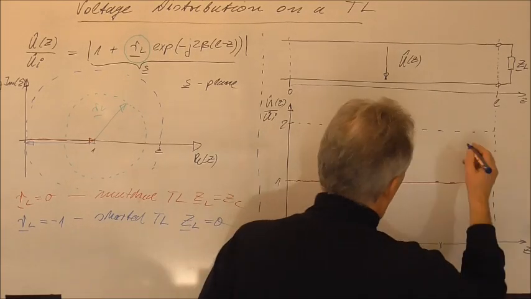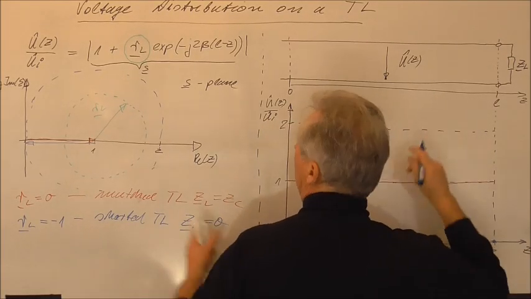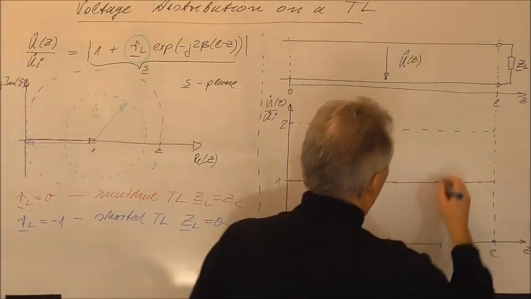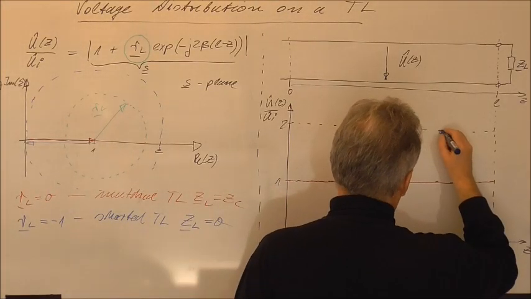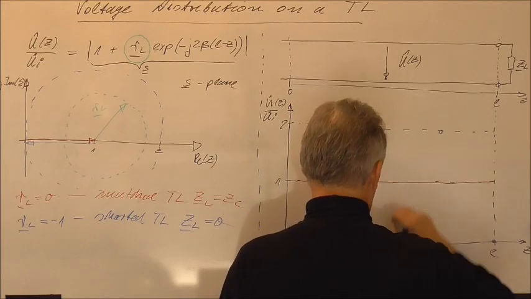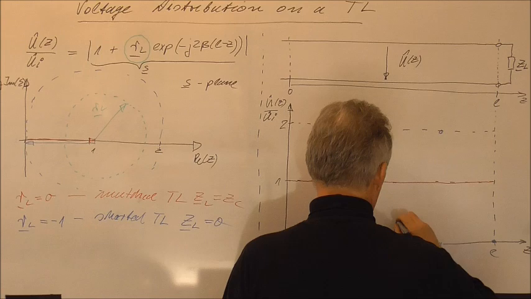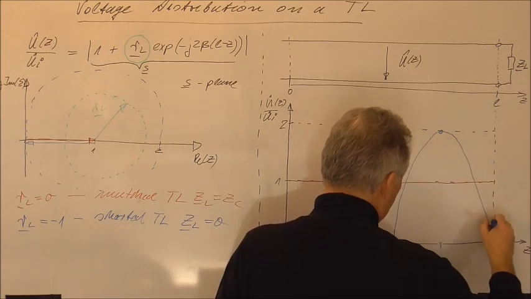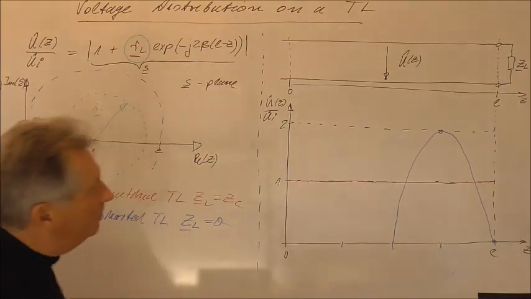So we will have here no voltage, and then if we come to this point, we will have double of the incident voltage, and then you will have no voltage again. If you calculate this, it will show that you have a sinusoidal voltage distribution like this.